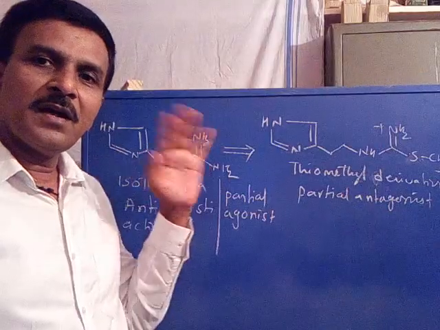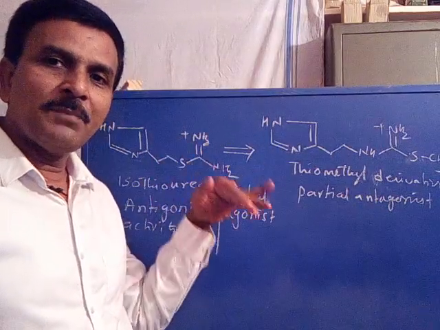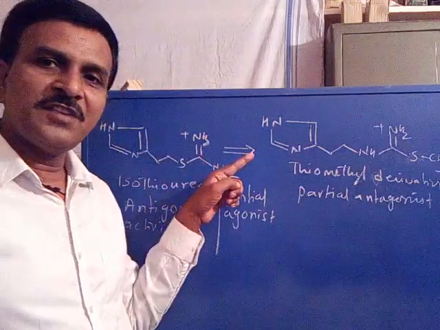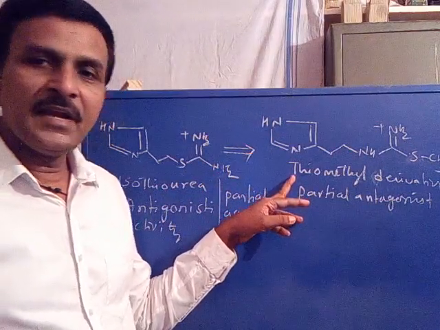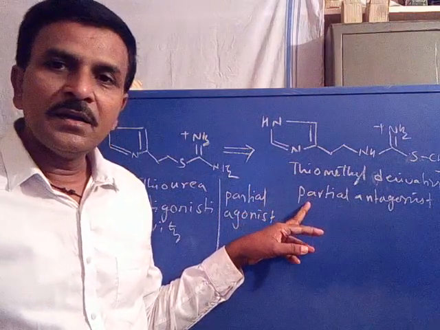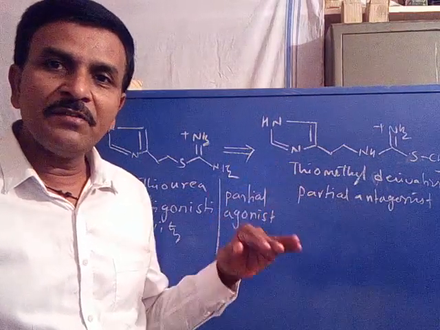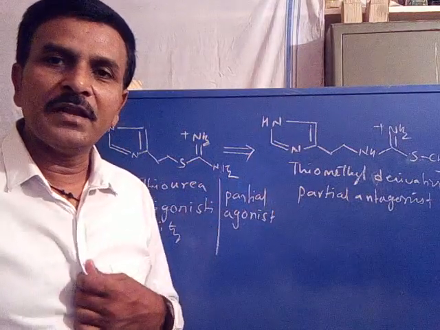Therefore, the sulfur atom is exchanged from internal to terminal. What happens? The thiomethyl derivative is obtained, but its antagonistic activity decreases. It acts only as a partial antagonist.